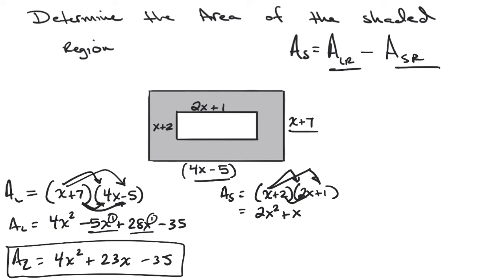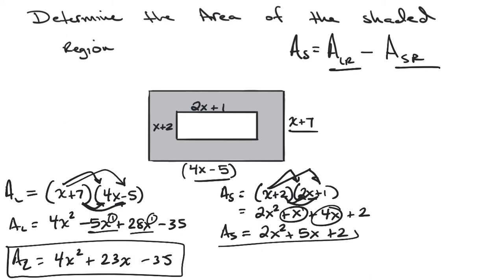And then I take the 2 and multiply it by each term, which gets me 2 times 2x, which is positive 4x, and 2 times 1, which is positive 2. So the area of the small rectangle is going to be this 2x squared plus, now notice I have two like terms of a 4x and a 1x, which gives me a 5x plus 2.